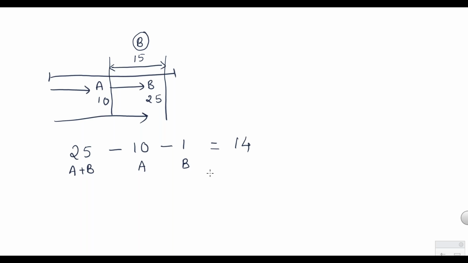This plus 1 and minus 1 just depends on when to include, when to exclude. If you are including someone, take plus 1. If you are excluding someone, take minus 1. That's all. Clear, right?